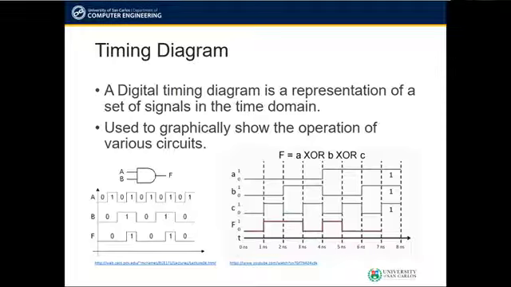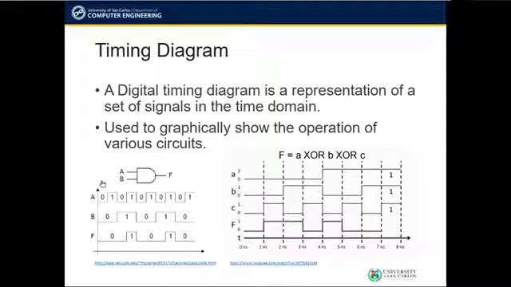In circuit analysis, one useful tool that can be used is a timing diagram. A digital timing diagram is a representation of a set of signals in the time domain. It is used to graphically show the operation of various circuits and is considered a graphical truth table.